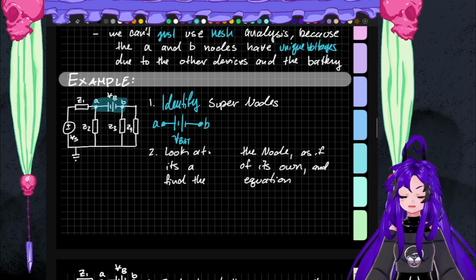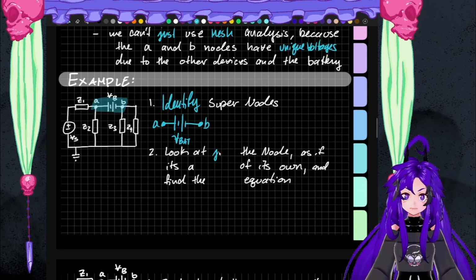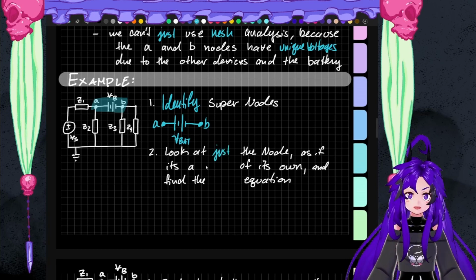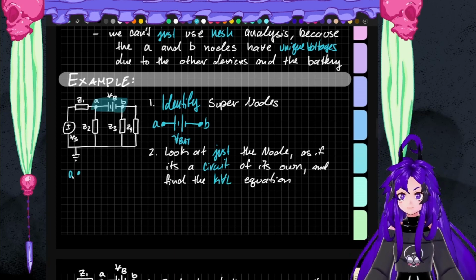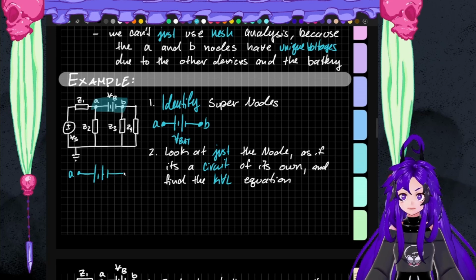Alright, so the next thing is we need to look at just the node, as if it was a circuit of its own. And from that, we'll get a KVL equation. So we're going to say A, and then the battery, and B, and this is V bat, right?